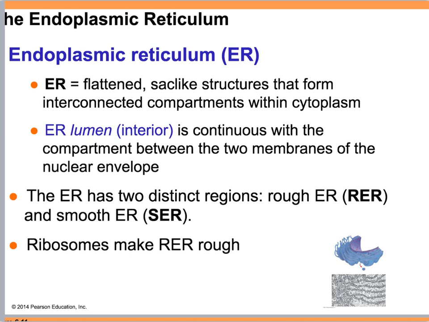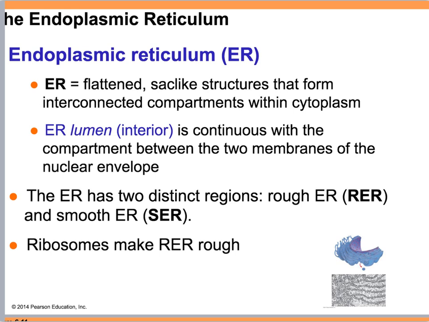All right, so we should move on to the endoplasmic reticulum then. The endoplasmic reticulum is this long membrane structure that's found throughout the cytoplasm of these eukaryotic cells. There's an inside of these membrane-bound compartments called the lumen, or the interior part of them, and that lumen plays a very important role in that protein synthesis and secretion process.